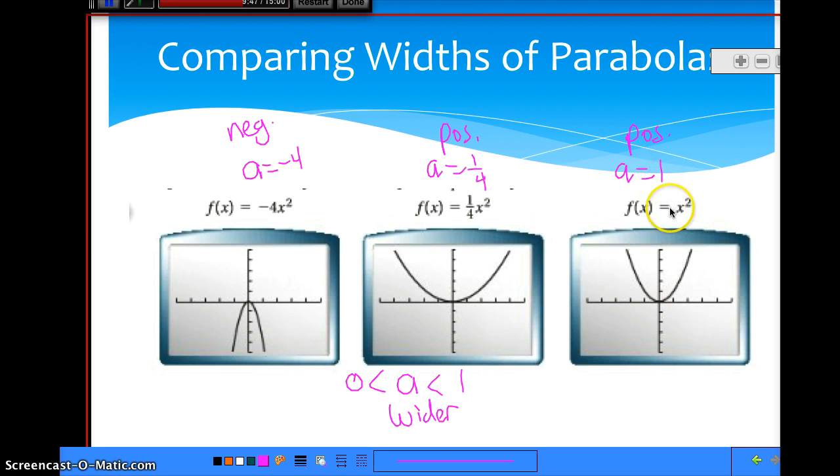If the a is bigger than 1, then the larger this number gets, the more narrow the parabola becomes. So if I change this to like a 5, that would make the parabola much more narrow. If I change this to, say, 1/100th, it would make it extremely wide. Okay?